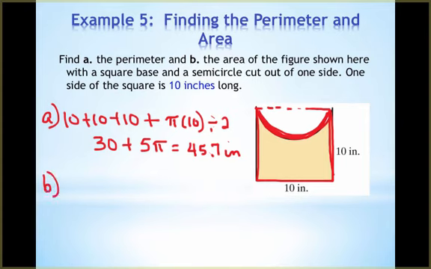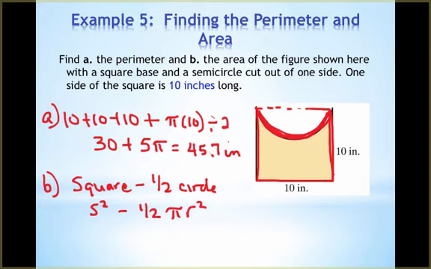Now for B, probably an easy way to do B is to do it as a square minus a circle or a semicircle. So I'm going to put half a circle. Well, we know our formula for the area of a square is s squared. And we know the area of a circle is pi r squared. Well, in this case, the side of the square is 10. But the side of the square corresponds to the diameter of the circle.